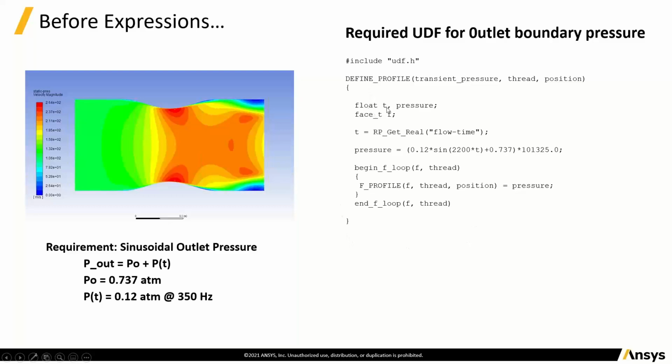You need to declare your variables, declare your pointers. Then you have to know some commands to get things like the time. Then you can set pressure with an expression.